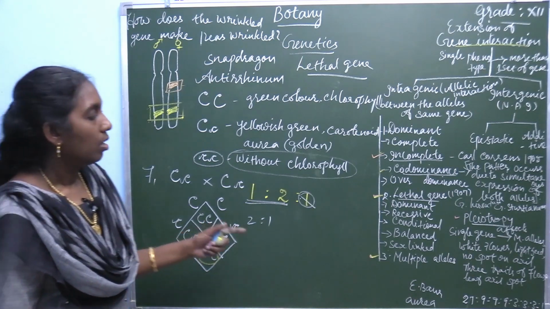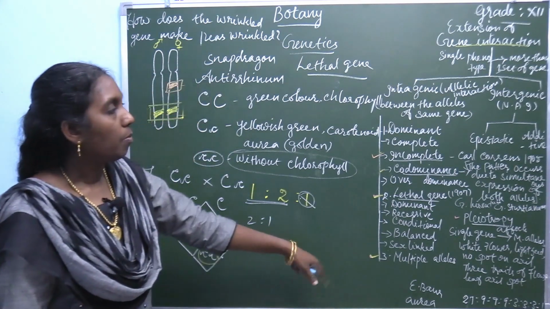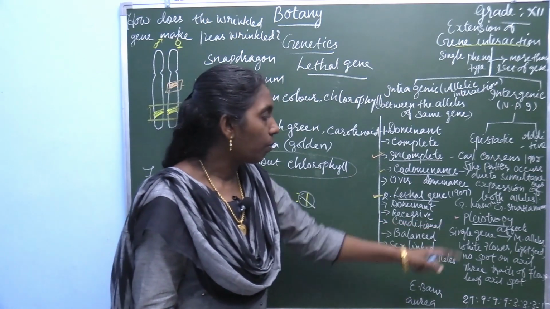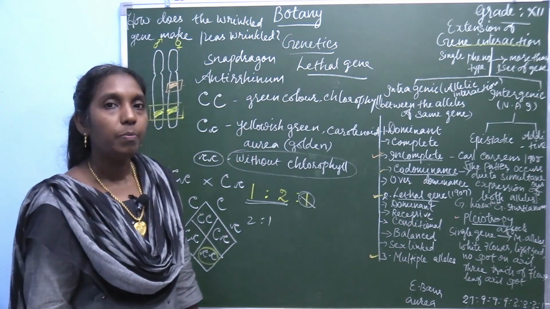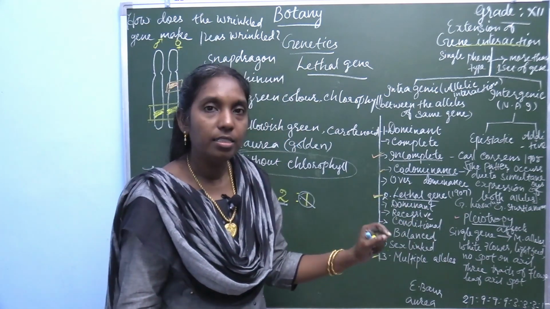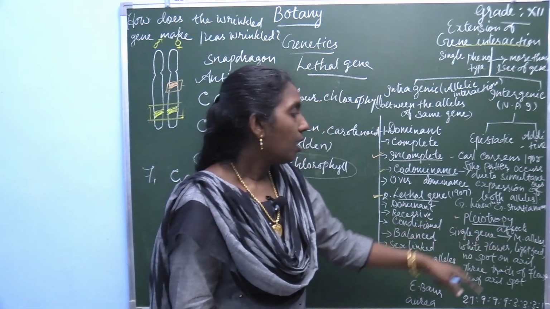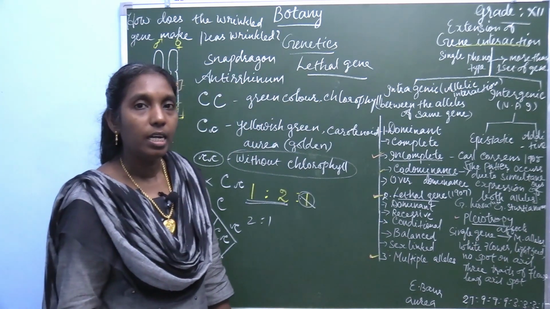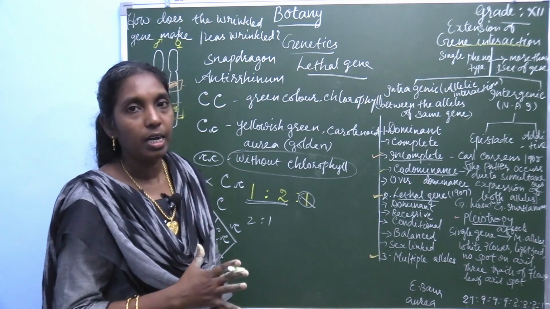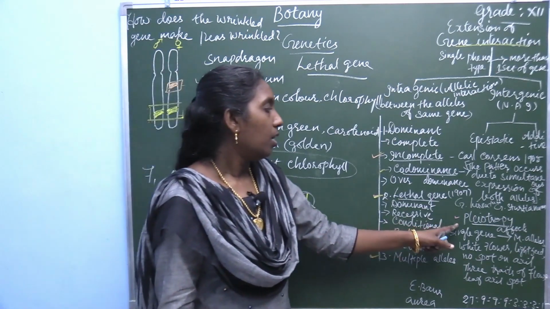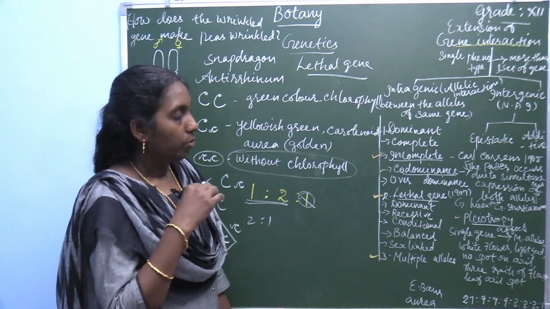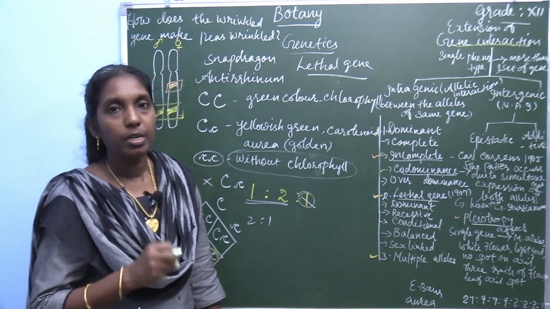Then, under multiple alleles, you are going to learn pleiotropy. What is meant by pleiotropy? Pleiotropy is when a single gene is affected by multiple alleles.